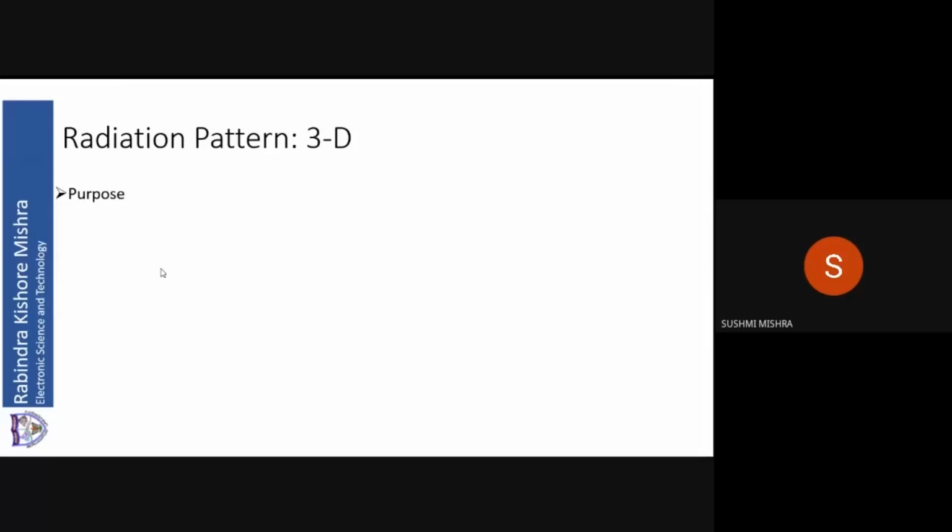And now let us look at 3D radiation patterns. If you take a 3D view, the purpose is to quantify the radiation pattern characteristics. If I look at a 3D, it will be easy to visualize it. Let us look at a 3D picture.